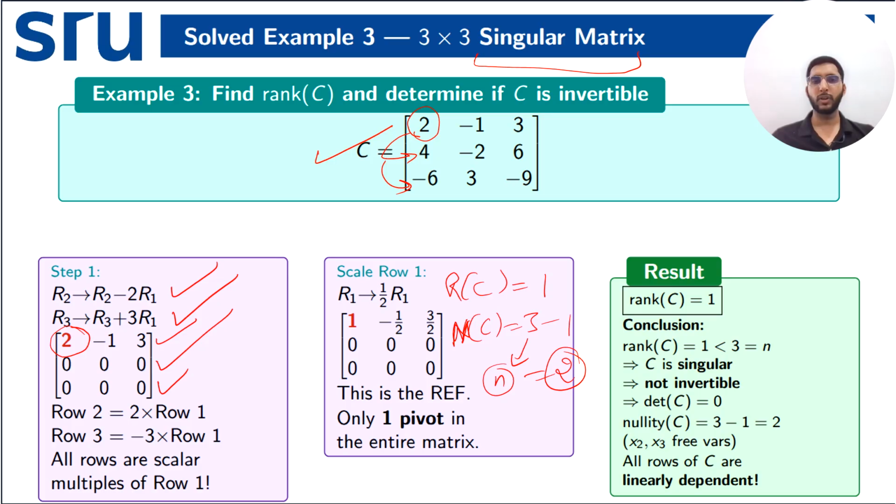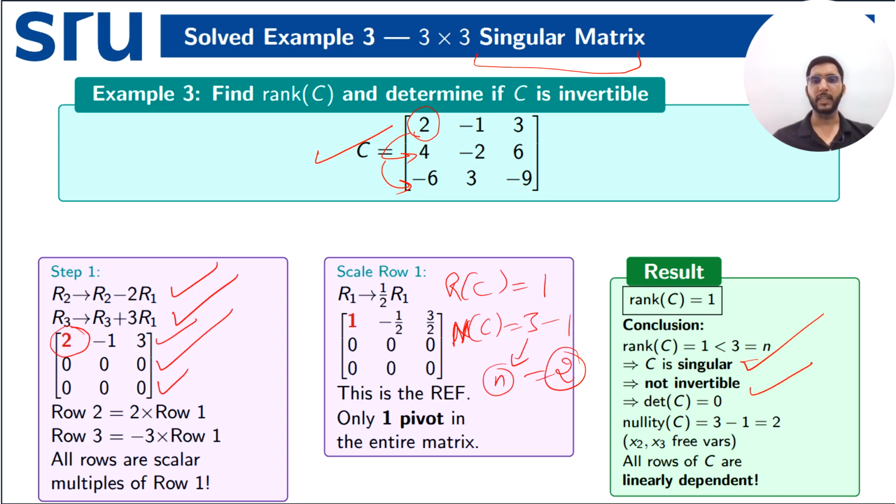Since it is a square matrix, we can try to calculate the inverse as well. But since only one pivot entry is there, the rank is 1, so we cannot calculate the inverse. It is non-invertible, and it is a singular matrix.